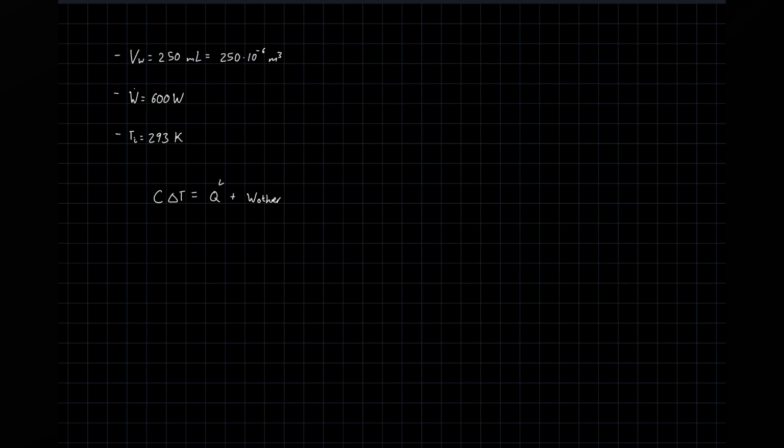In this case, there is no direct heat transfer, so Q is 0, but we still have work being done by the microwave onto the cup of water, in the form of radiation. And it's this radiation that actually causes this change in temperature.